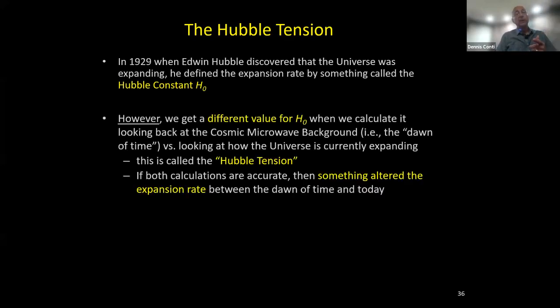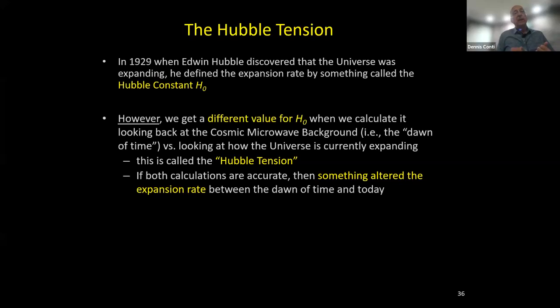What's happened is that with our modern technology, when we look back at the cosmic microwave background, what we'll call the dawn of time, we get one value for H, one value for this expansion rate. When we look at the universe currently, we get a different value. This has been tried over and over again. This is called the Hubble tension, because it's like, what's going on here?